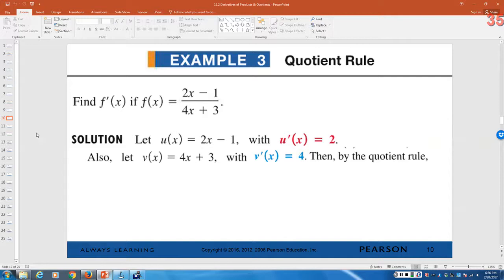And we're going to take the denominator times the derivative of the numerator, so that's going to be 4x plus 3 times 2. And then we're going to subtract 2x minus 1 times 4. And then put that whole thing over 4x plus 3 squared.